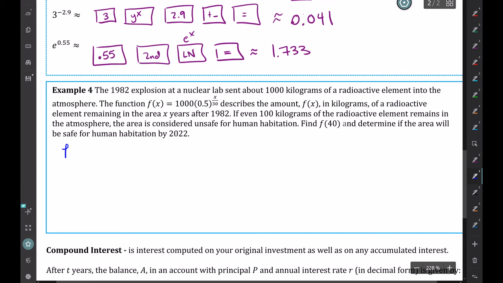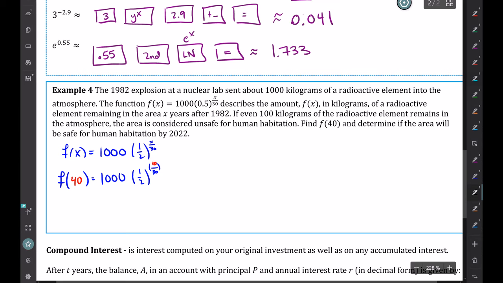Okay, well, it says that f of x is 1,000 times 0.5, or 1/2, to the x over 30. And what we're asked to do is find f of 40. So I'm going to plug in 40 for x. We're looking for how much radioactive material is left 40 years after the accident. And so I'm going to have 40 over 30 as my exponent, or 4/3.